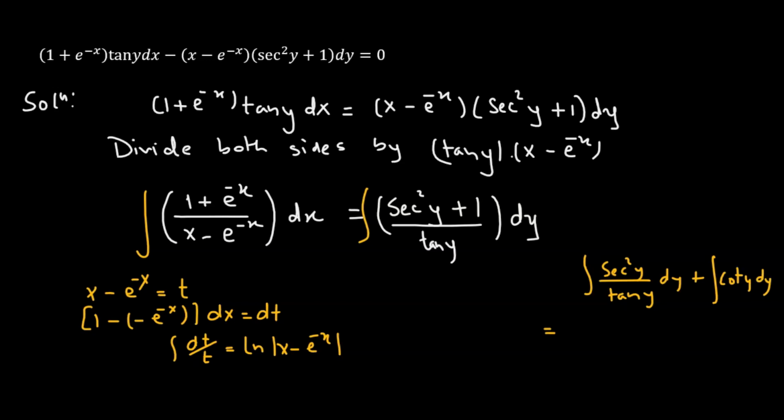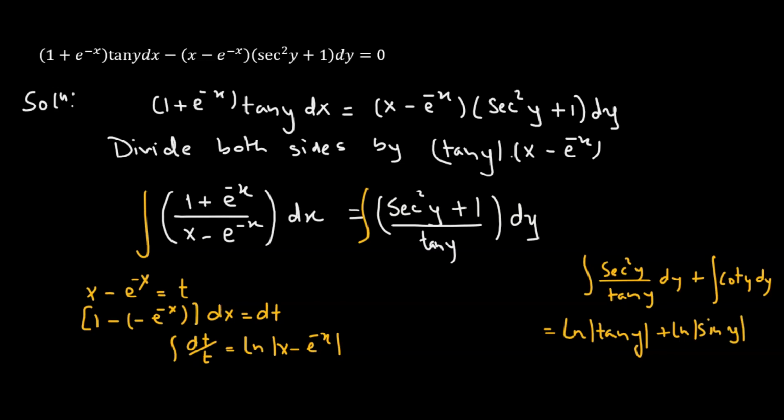So for the integration of sec² y over tan y, if we make the substitution tan y equals some variable u, then we get the numerator sec² y dy upon differentiation. So that should give us natural log of tan y, and the integration of cot y is plus natural log of sin y, plus the constant of integration.